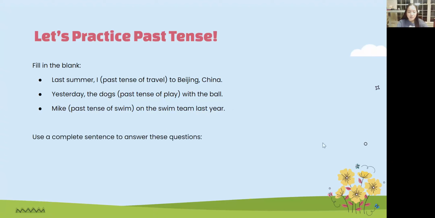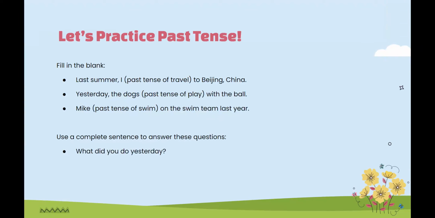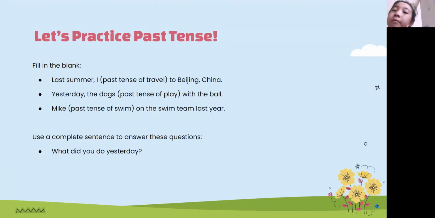Next, we are going to use complete sentences to answer the question. Lucy, can you answer this? What did you do yesterday? For example, I could say, yesterday I studied for a test.